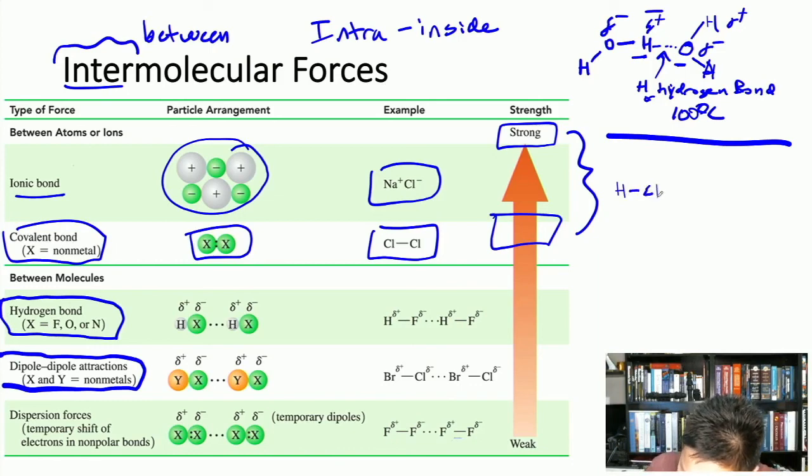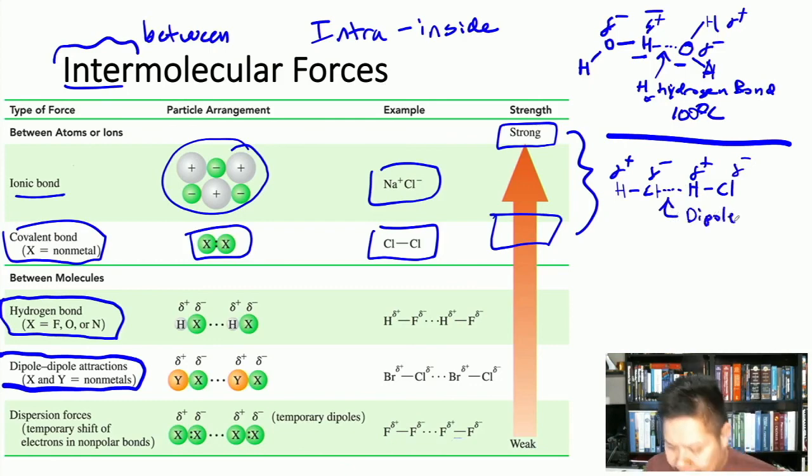And then here's another HCl. Two molecules of HCl. Partial positive for the hydrogen, partial negative for the chlorine. Same here, partial positive for the hydrogen, and partial negative for the chlorine. And this chlorine here being attracted to this partially positive hydrogen here, that is a dipole interaction.